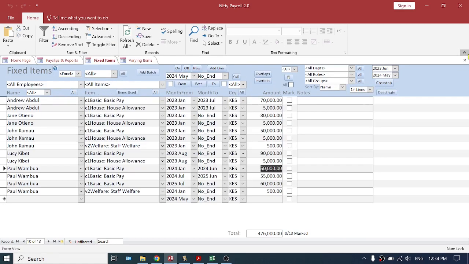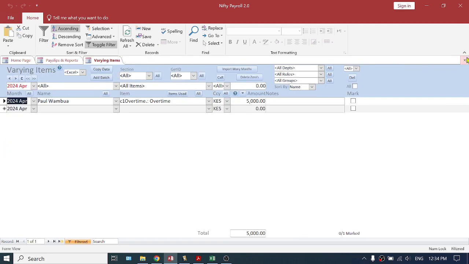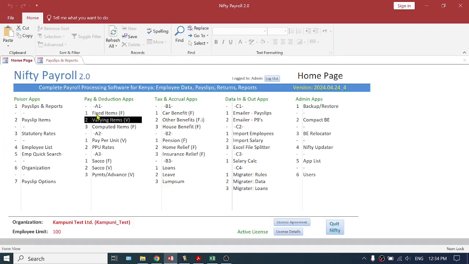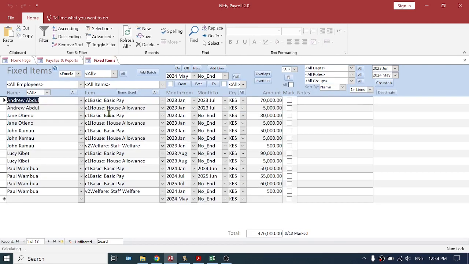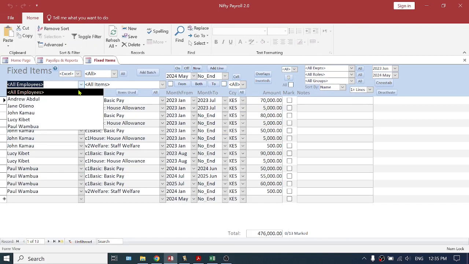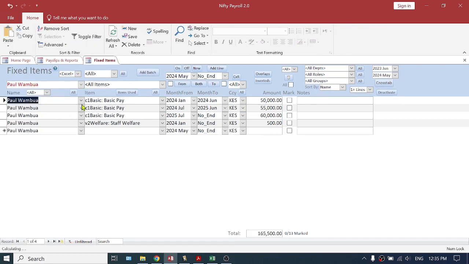Once you understand that concept, then you'll know the ideal place to put your salary items, because all salary items can be put in either fixed or varying. You have a choice. So it will tell you which is the more ideal place to put it. And the good thing with using fixed items is that it gives you an easier way to see the history of a person.